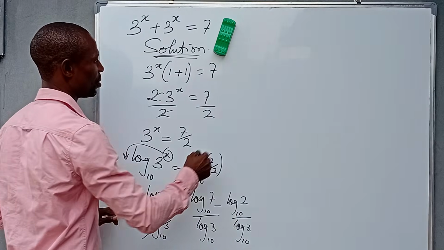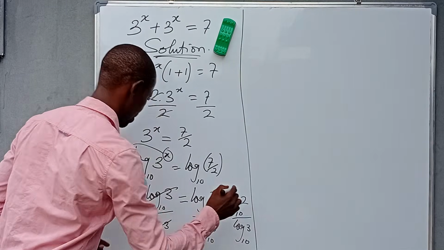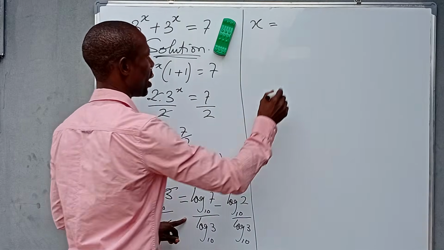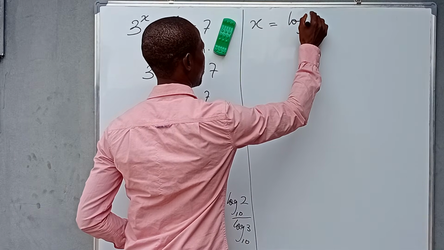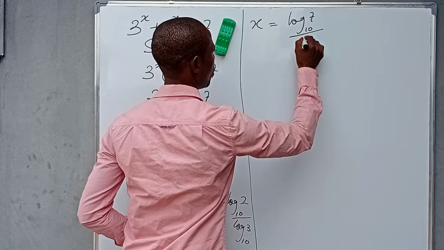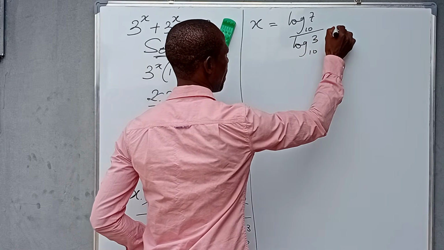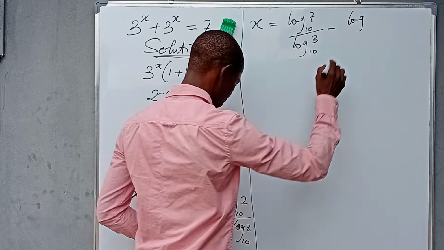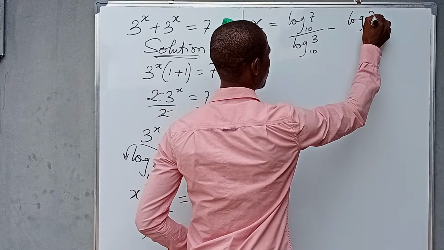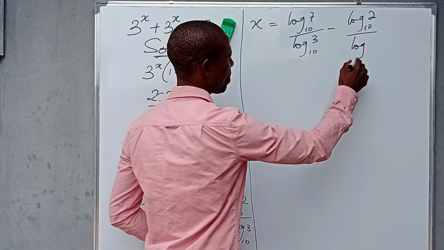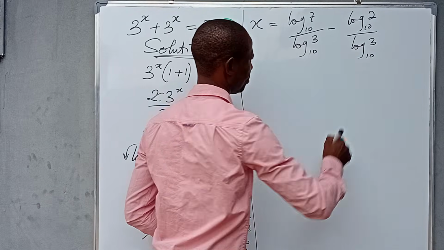So x will now be equal to the log of 7 base 10 all over the log of 3 base 10, then minus the log of 2 base 10 all over the log of 3 base 10.